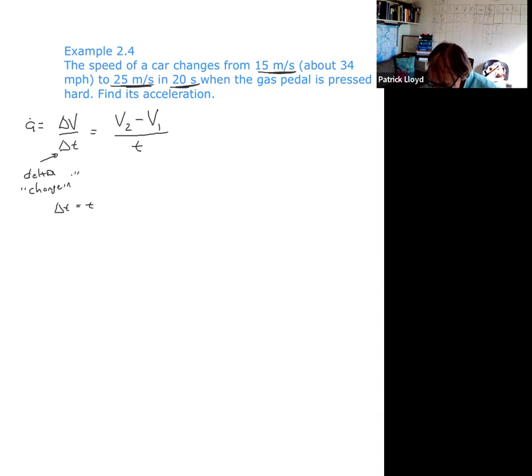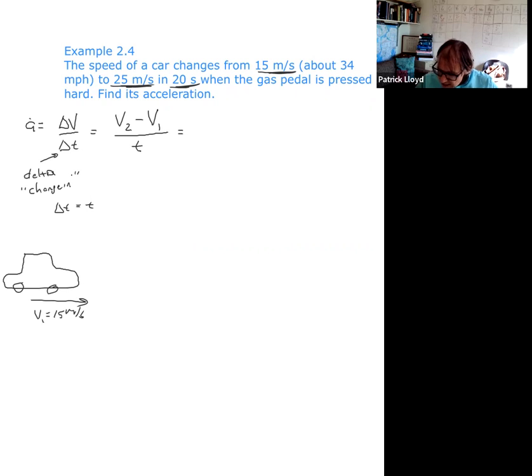So it says here, find its acceleration. So we just need to know the difference in velocity, the two speeds, and we need to use and know the time. And we have that all, right? So I'm going to put in, here's a little picture. Okay, so here's your car. So it's initially moving. It's not like it's not moving. It's moving at 15 meters per second, which they say in there is about 34 miles an hour. That's enough to get you a speeding ticket in Brooklyn, right?